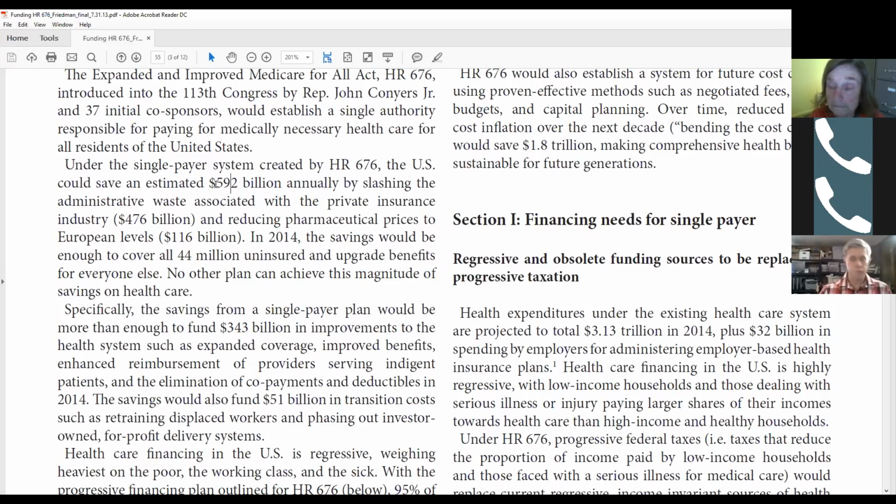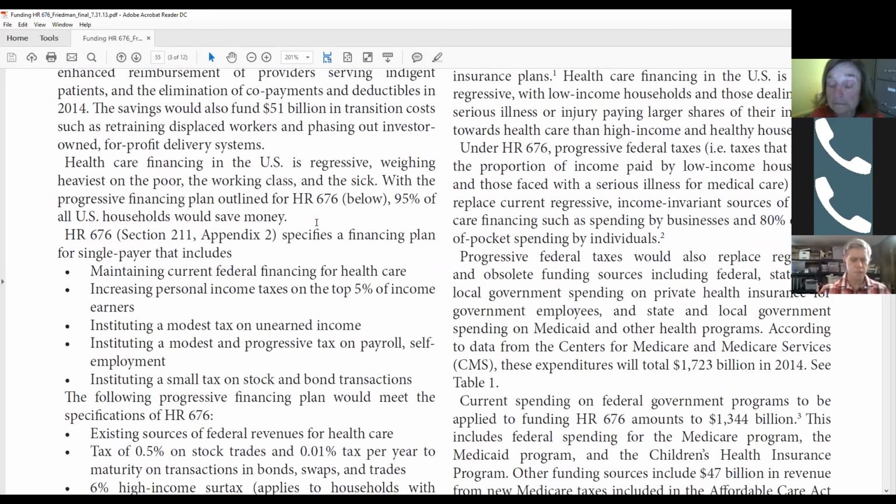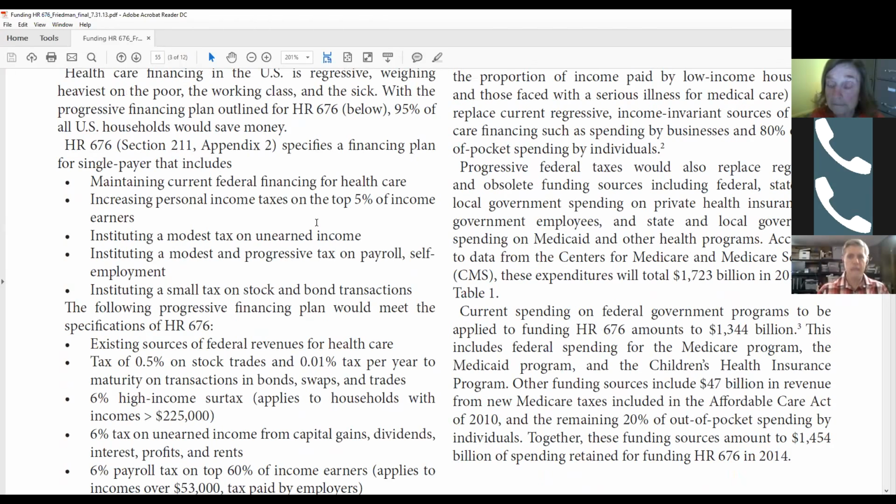So under Medicare for All, a big driver for it is it's both going to save most people money, as well as save the government as a whole, or our economy as a whole, about $600 billion. Specifically, the way that Dr. Friedman has suggested paying for Medicare for All is a group of tax increases.